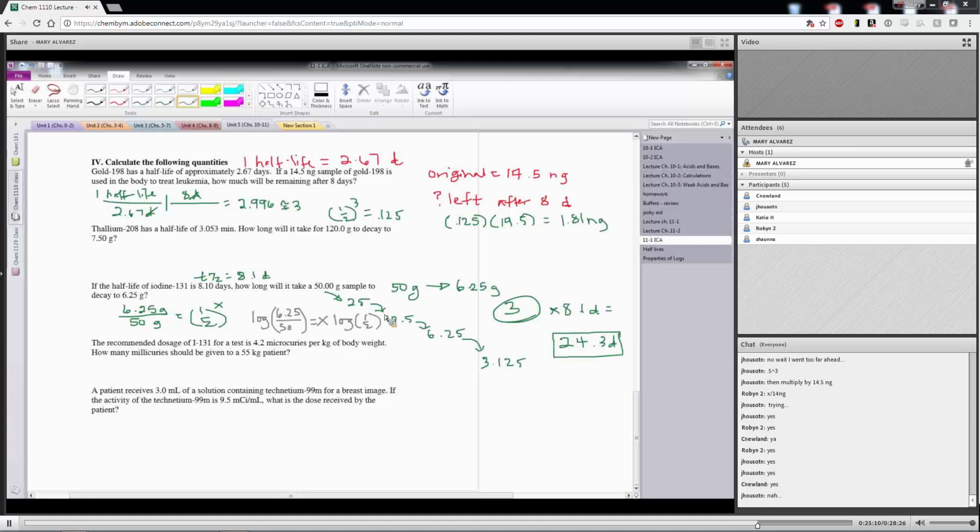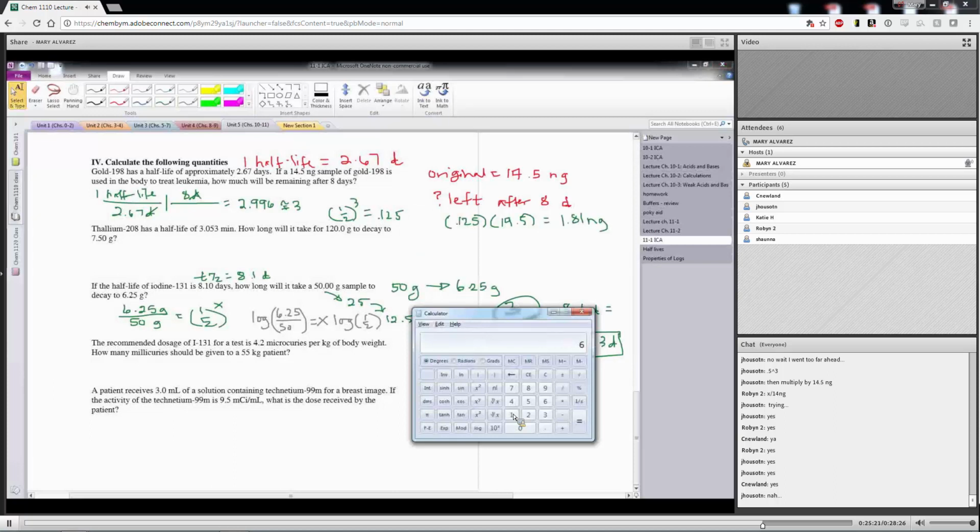And now I can solve for x by just dividing the log of 6.25 over 50 by the log of 1/2. So if I take 6.25 divided by 50, the log of that, and I divide that by the log of 0.5, I get 3. X is 3.